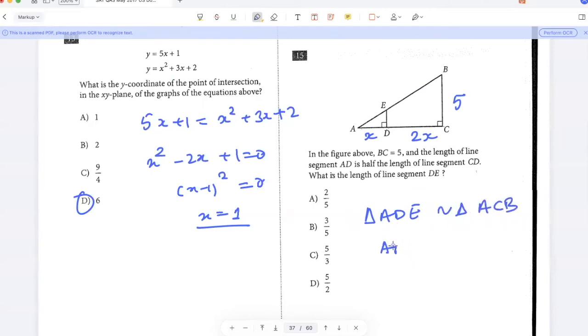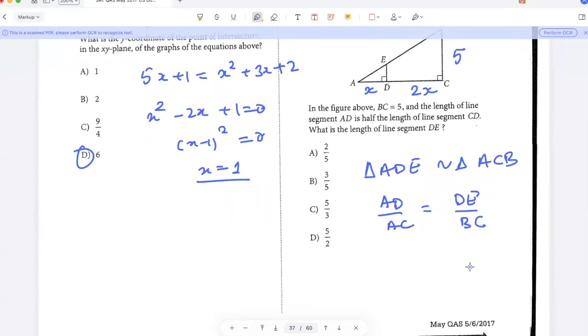So AD by AC should be DE by BC by the property of corresponding sides. So x divided by 3x will be DE divided by 5. So x and x cancel. So DE is 5 by 3. Option C.